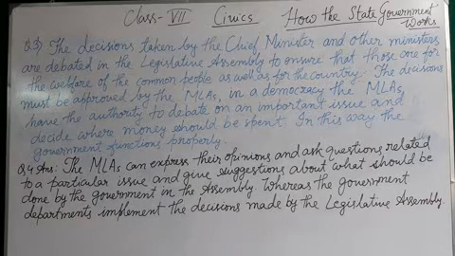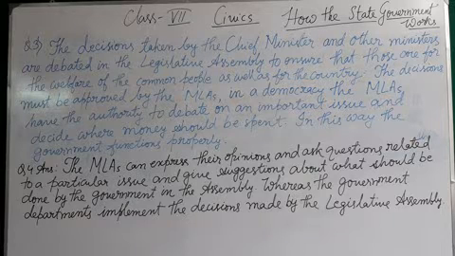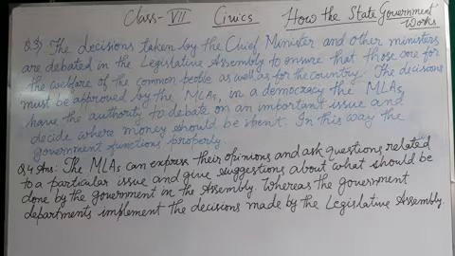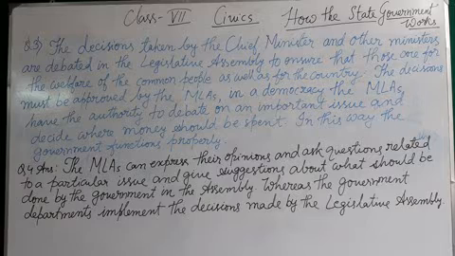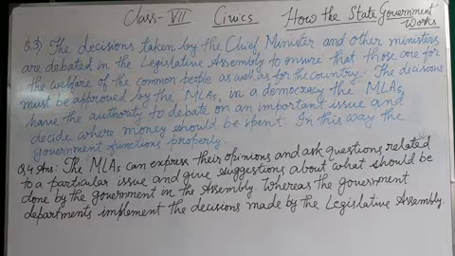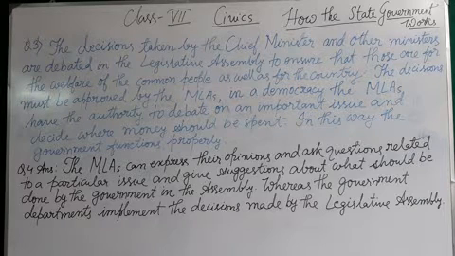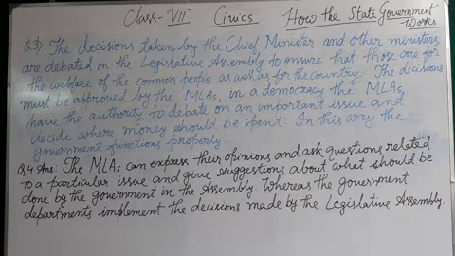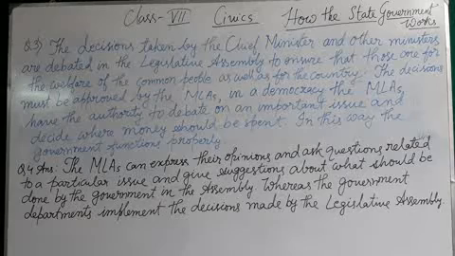Why should decisions taken by the chief minister and other ministers be debated in the legislative assembly? So the answer is like this. I have written, the decisions taken by the chief minister and other ministers are debated in the legislative assembly to ensure that the decisions are for the welfare of the common people as well as for the country.